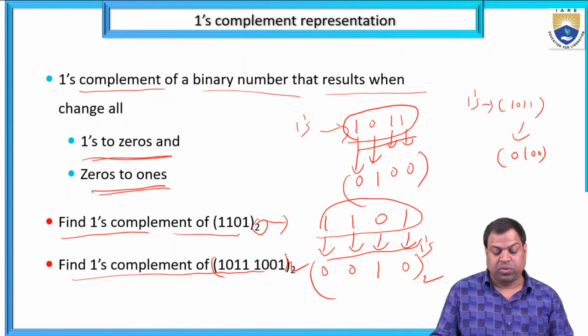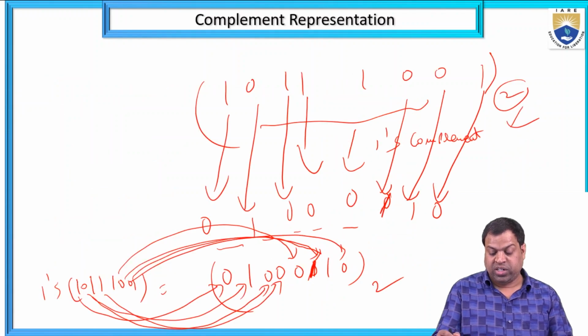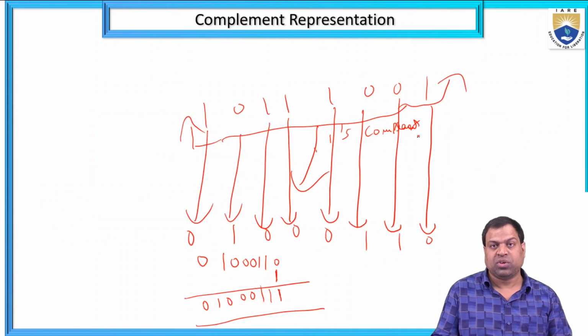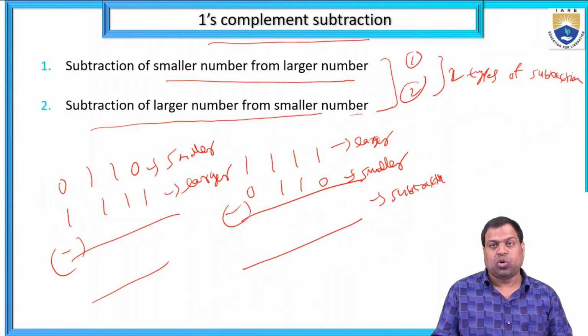When performing the ones complement, the steps are: ones to zeros and zeros to ones. As an example, find the ones complement of 1011001. That is the process of getting the ones complement. Next, twos complement equals ones complement plus 1.